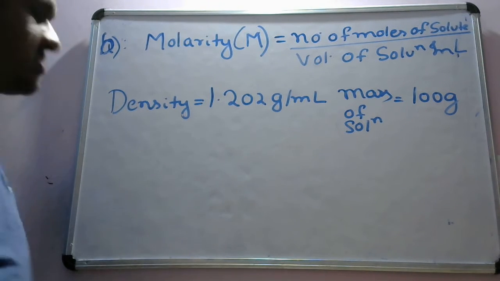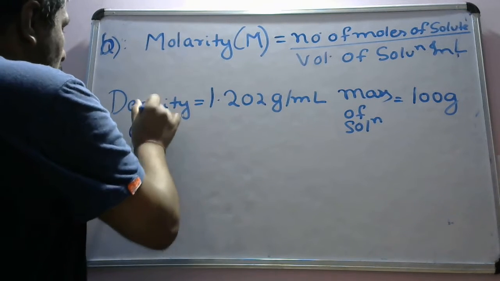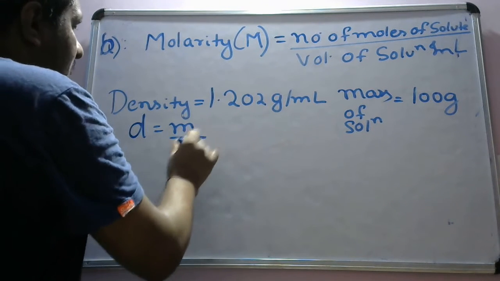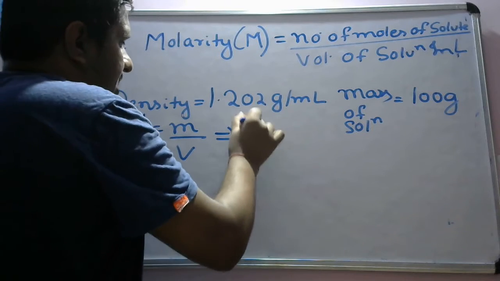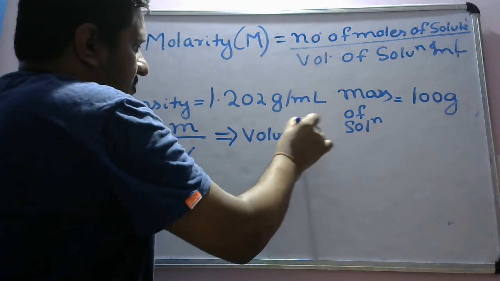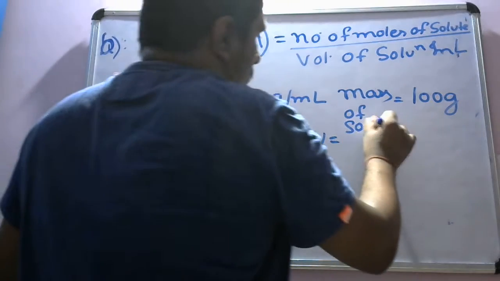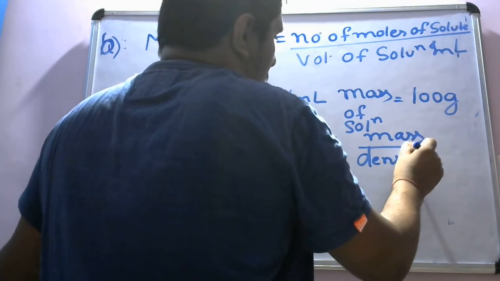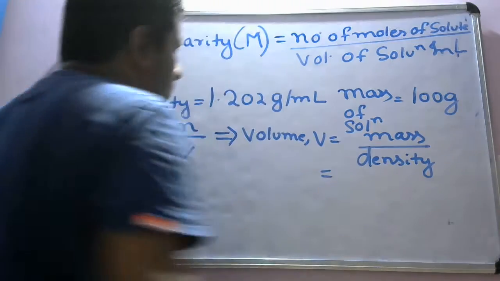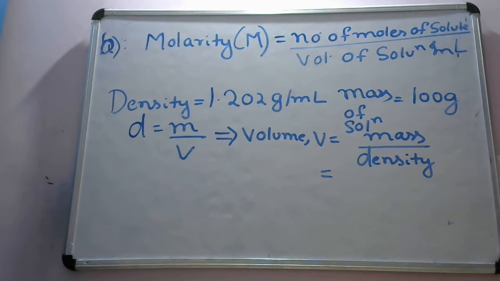Then you know density equals mass by volume. So this implies that volume V equals mass by density.